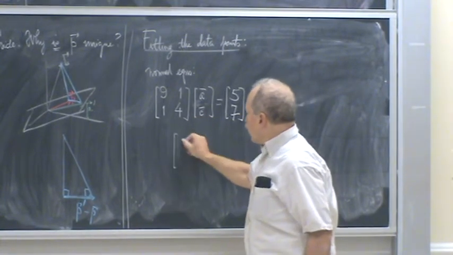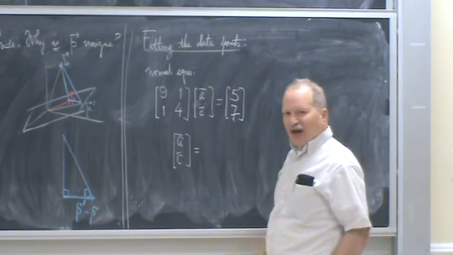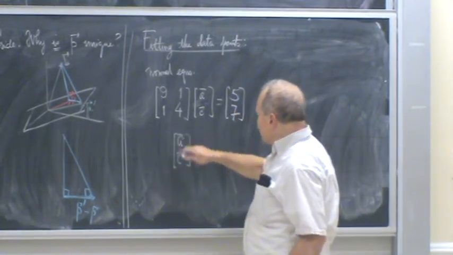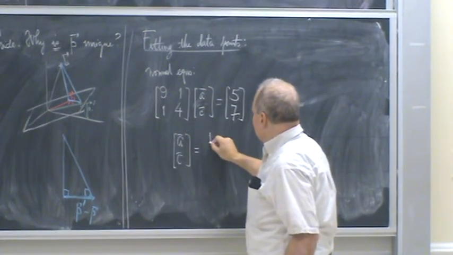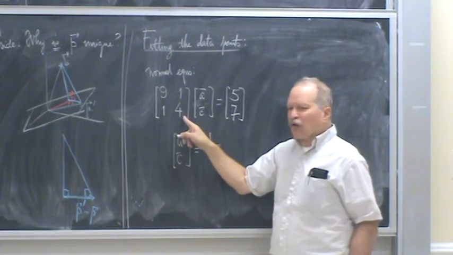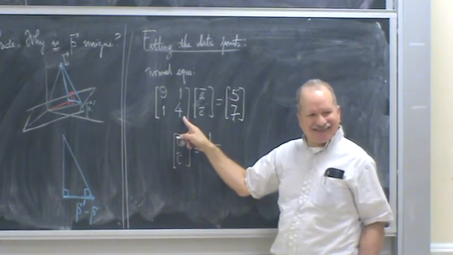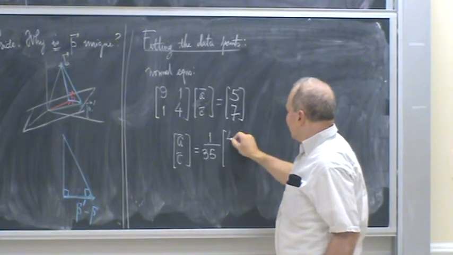All right, so what are our A bar and C bar? No, they're not B. That's why I used A and C, and I didn't want any B's here. I want the inverse of this. 1 over, what's 9 times 4? 1 over 27. What's 4 times 9?